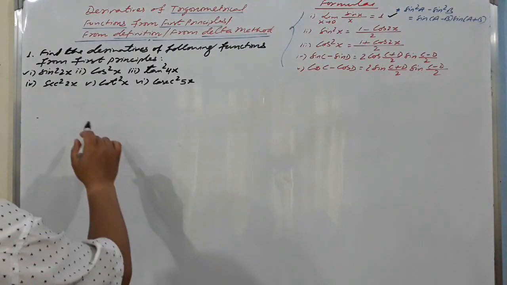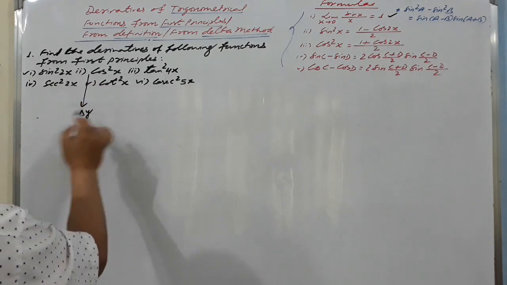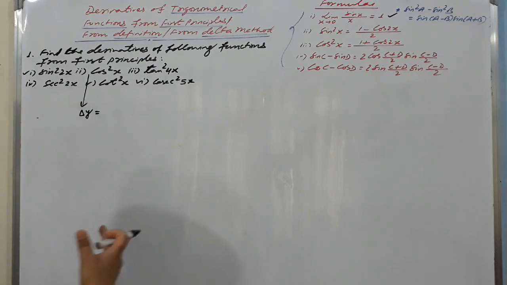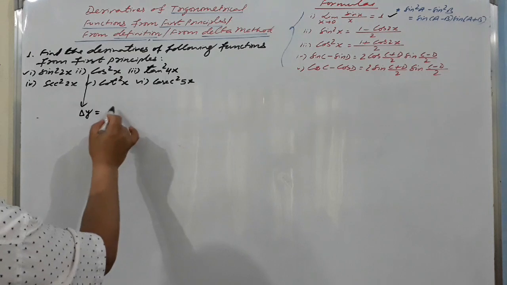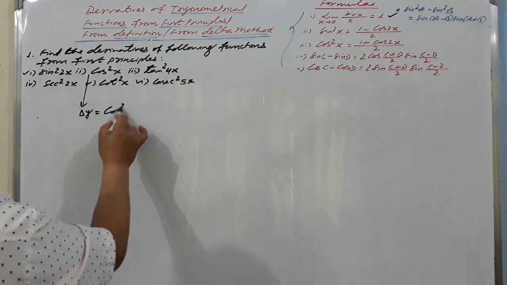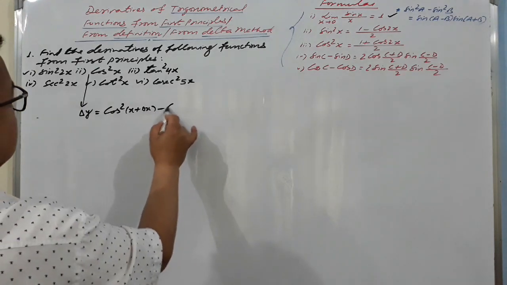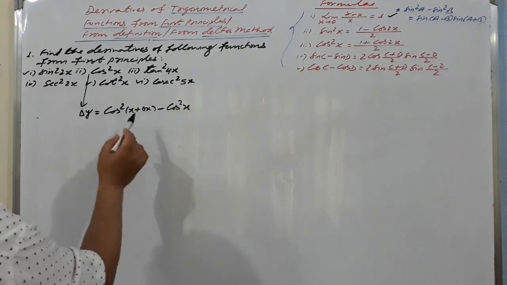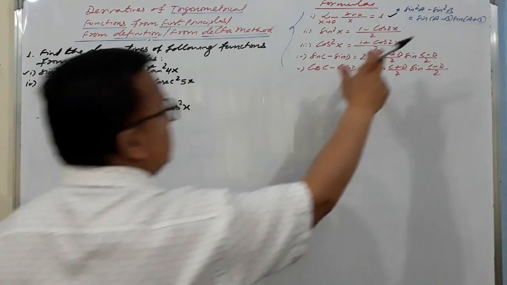In case of cos, delta y, just explaining, you can arrive at this point: cos square of (x plus delta x) minus cos square x, if you do from the first principles. Here you're going to use this one formula, just as I have applied here.